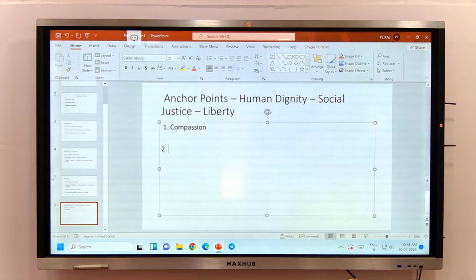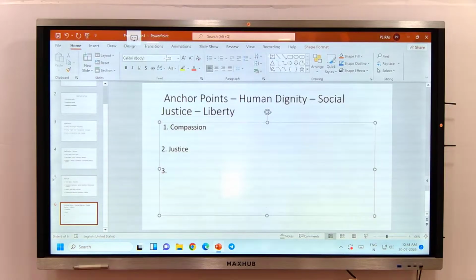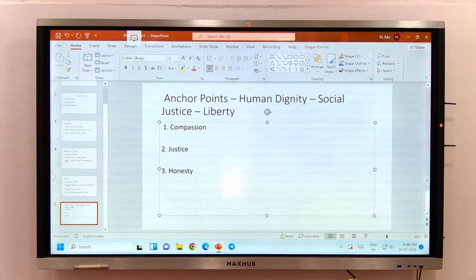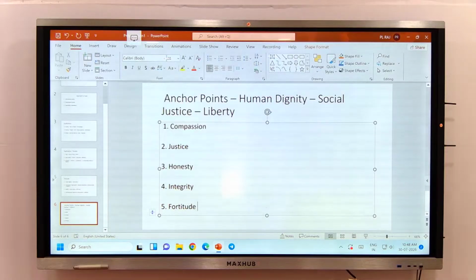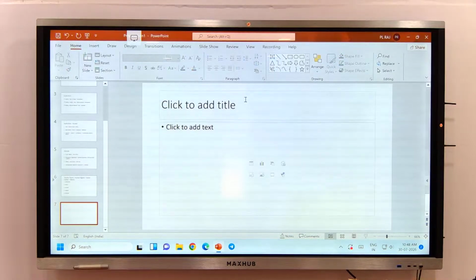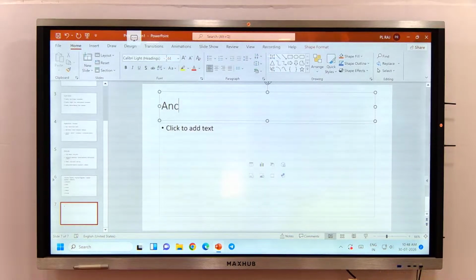That means it deals with the virtues: compassion, justice, honesty, integrity and fortitude.